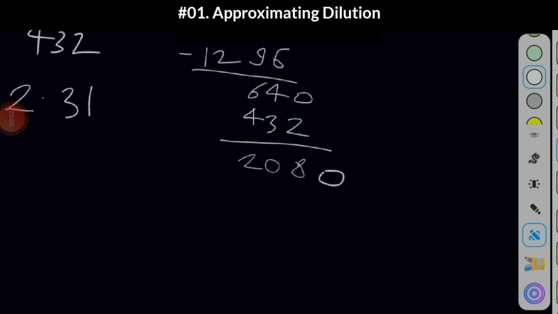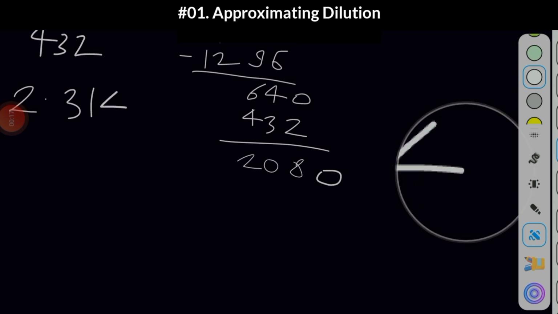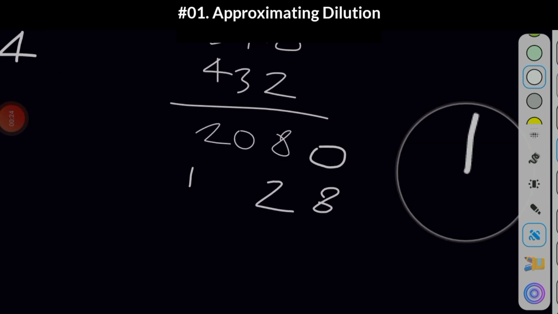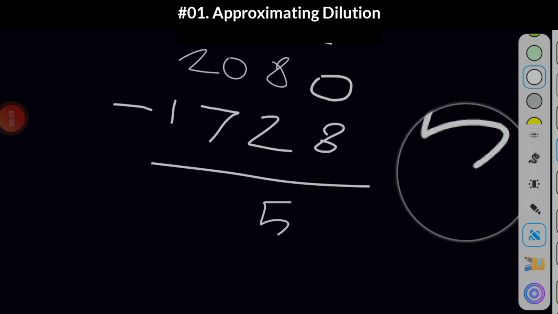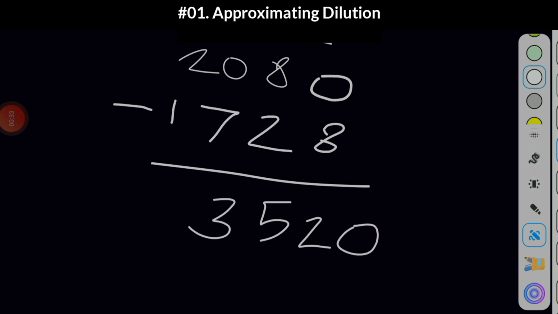Since this is 2080, 5 will not fit in here, because 5 times 432 is 2160. So we'll have to be satisfied with taking 4 in here, and 2 4s are 8, 3 4s are 12, 17 28. We will do the subtraction. Here we'll get 5 2 and 3, and we'll have to add a 0.